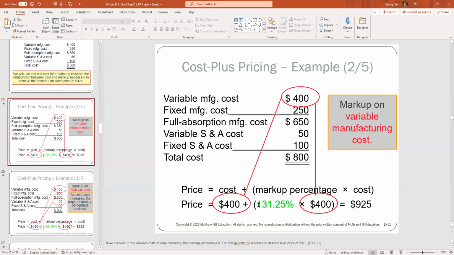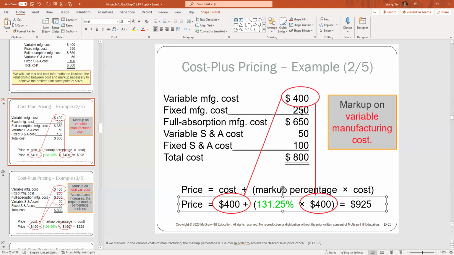In this case, you get the highest markup rate, the green one, because you need a very high rate to cover all of the other costs we didn't put in the cost layer, like your variable selling and admin, then fixed manufacture, and then fixed selling and admin expense.